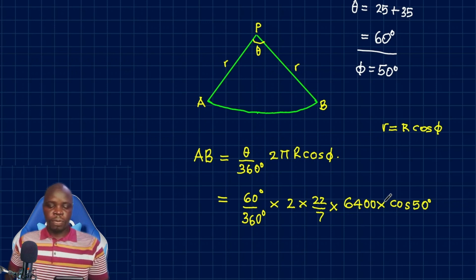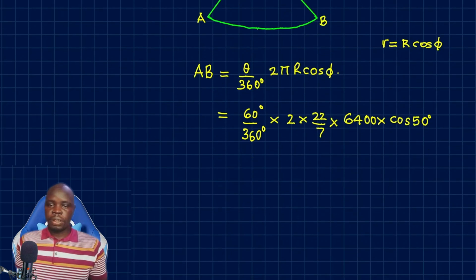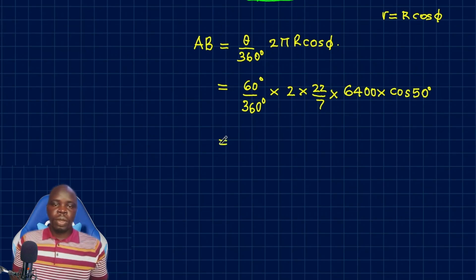This gives us 4,309.737878. Now let us round our answer to 3 significant figures, and the distance AB can be approximated to 4,310 kilometers. So that is the distance between those two towns.